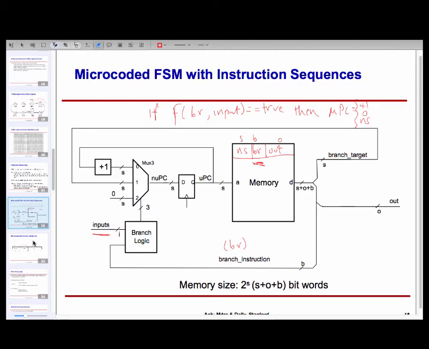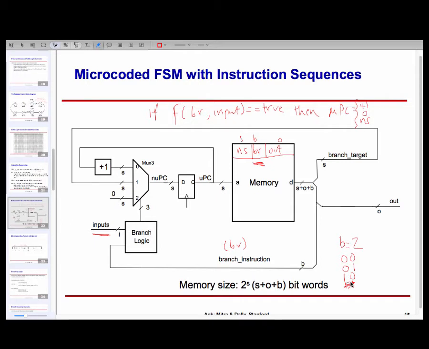Let's say my branch instruction had 2 bits, b equal to 2. And let's say these were the possible values: 0 0, 0 1, 1 0, and 1 1. You can take 4 values. Let's say this never occurs, so I never use this. So let's say these are 3 values.